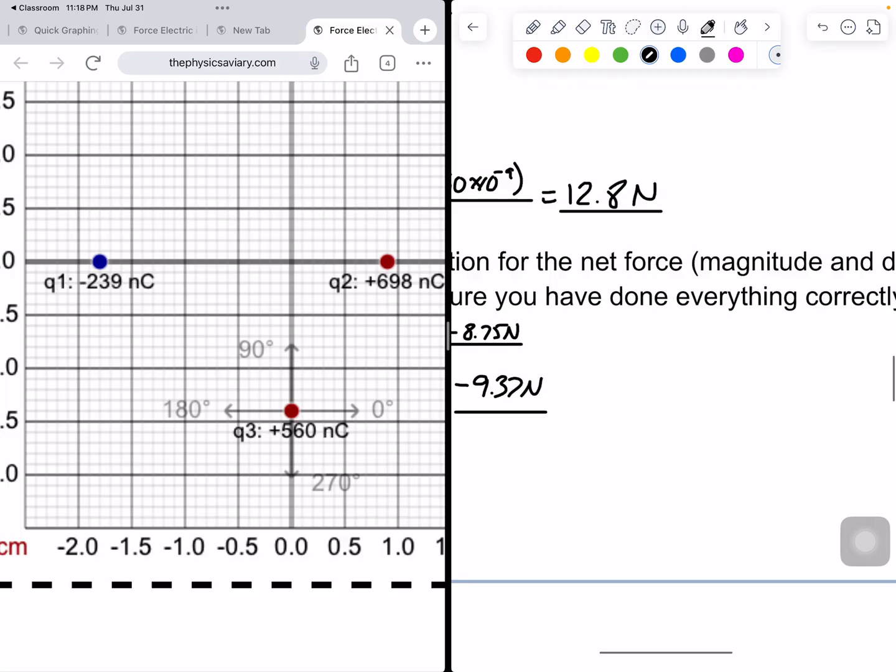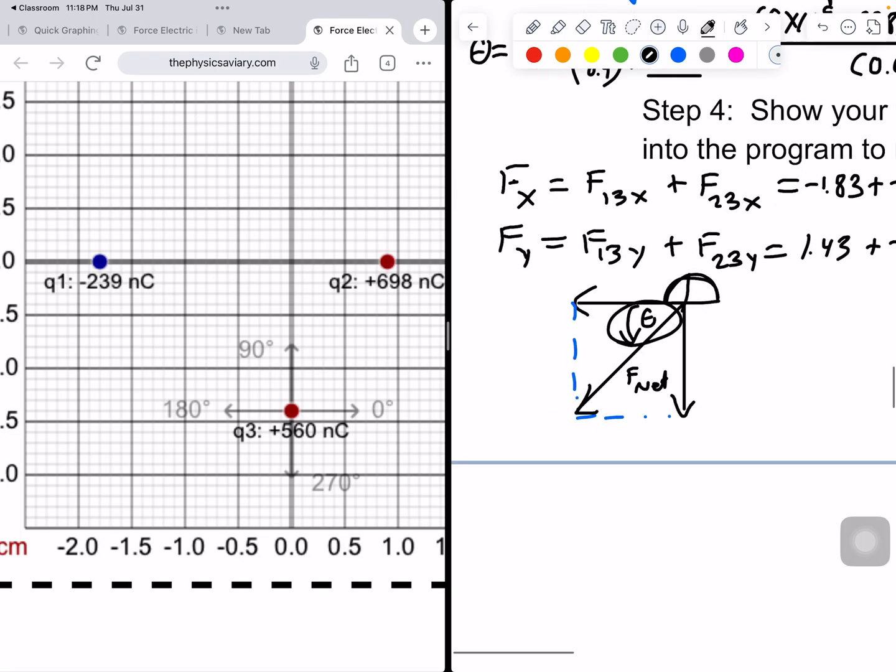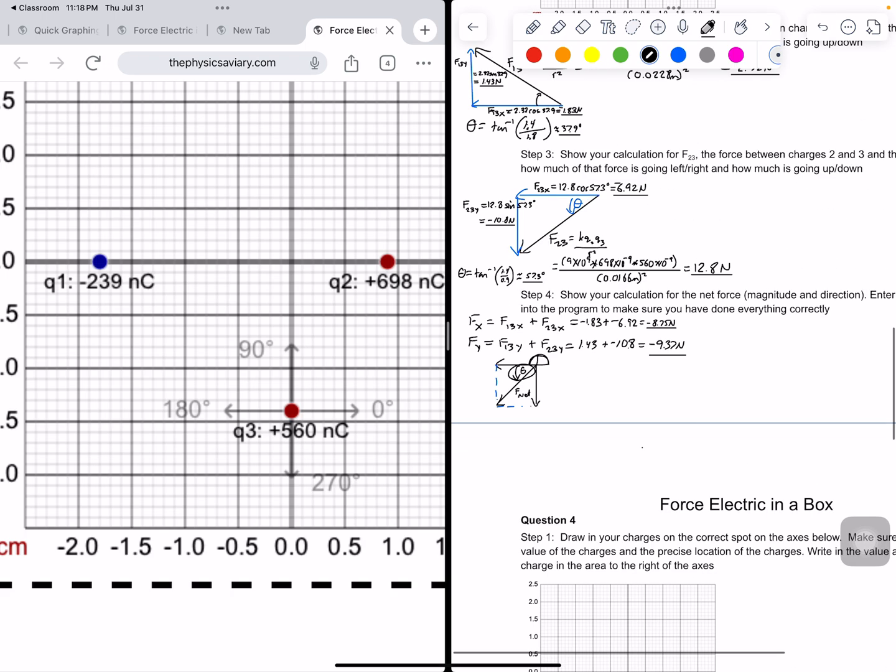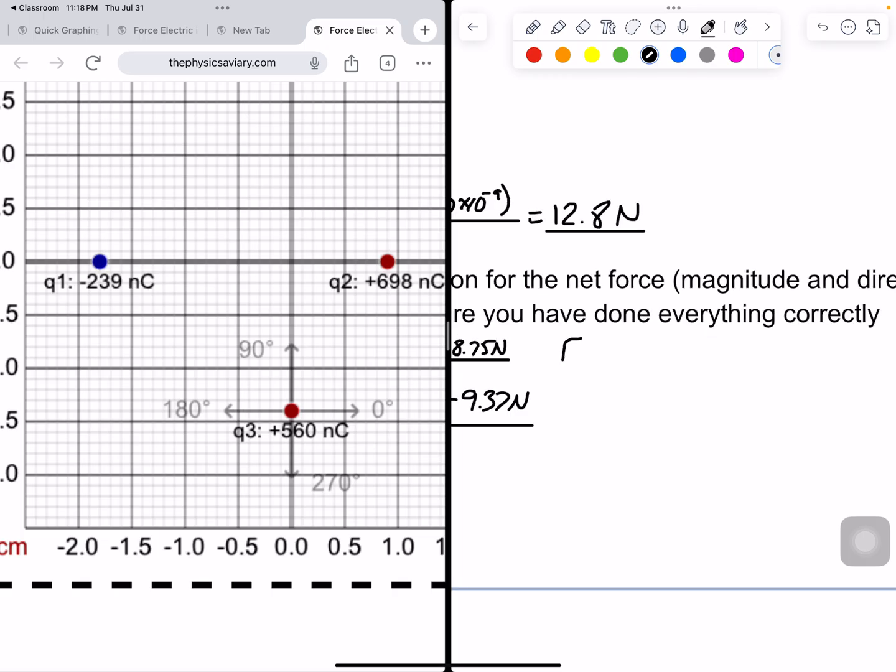So the first thing we're going to do, since we're looking for the net force, which is the hypotenuse here, we got to go this side squared plus this side squared equals that side squared. Pythagorean theorem, guys. So F is equal to the square root of negative 8.75 squared plus negative 9.37 squared.